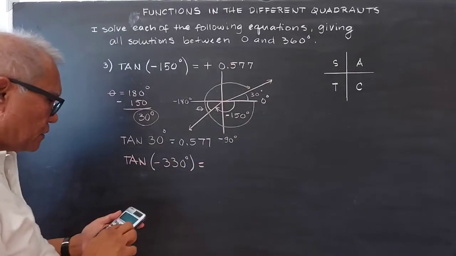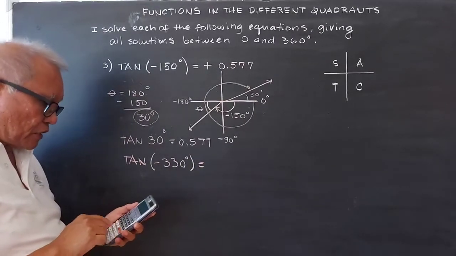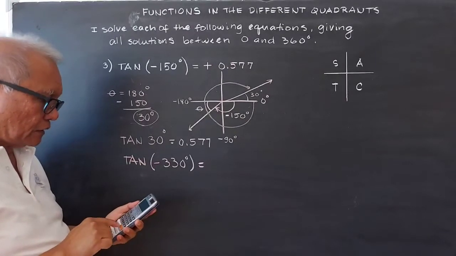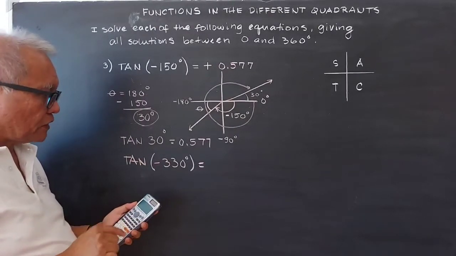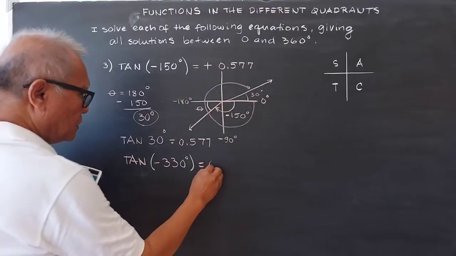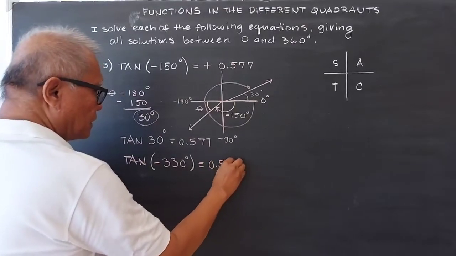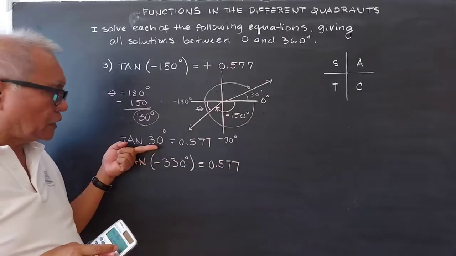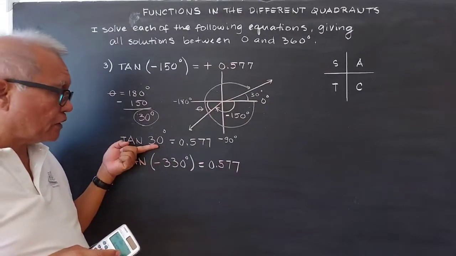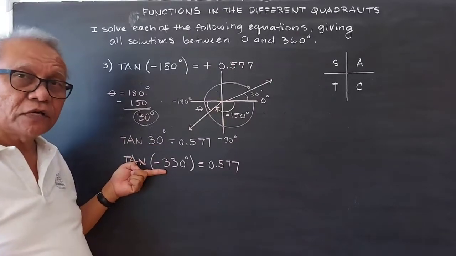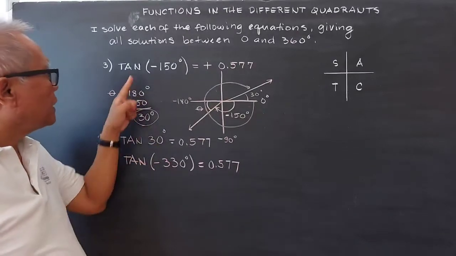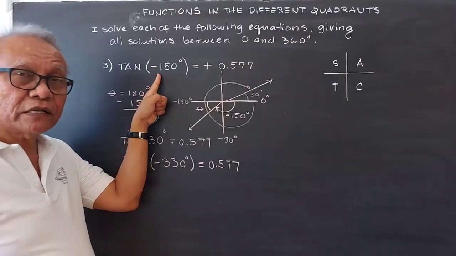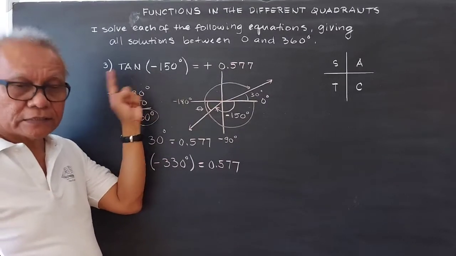Let's check tangent of negative 330, which will also give us 0.577. So you can choose whether you are going to use the positive tangent of 30 degrees or the tangent of negative 330 degrees, and that is equivalent to our tangent of negative 150 degrees.